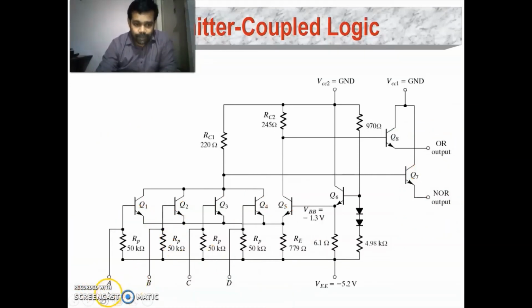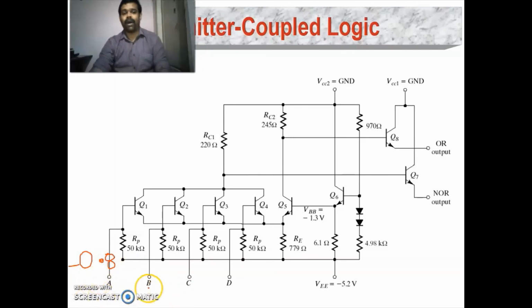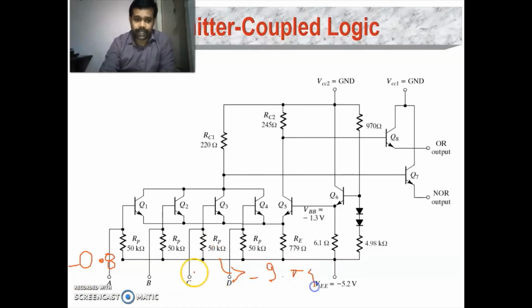give an input of minus 0.8, that is high. So you are giving high input to all the inputs. Already here you are having minus 2.09 and here you are giving minus 0.8.